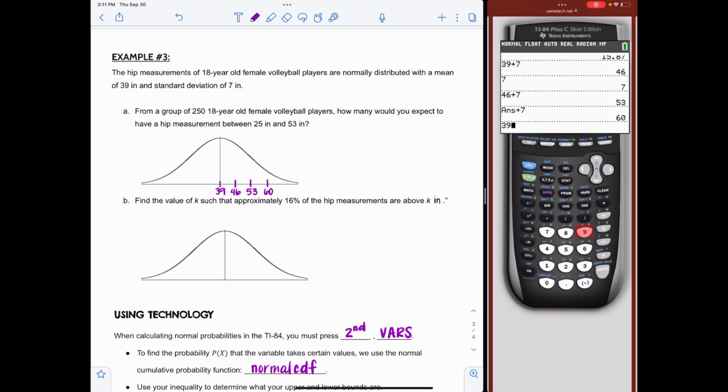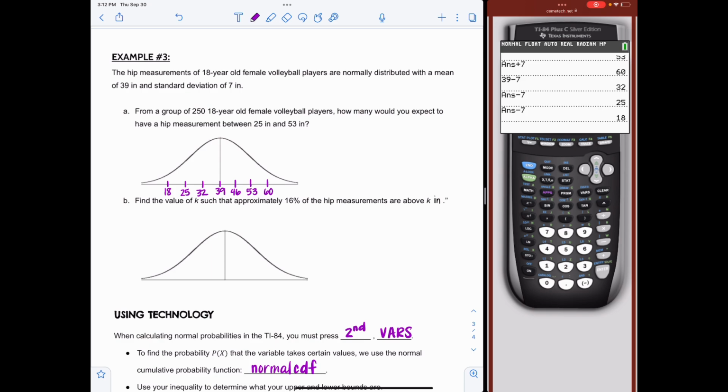So now I need to go back to find my standard deviations below the mean. 39 minus 7 is 32. Subtract 7 again, we end up with 25. Subtract 7 again, we have 18.